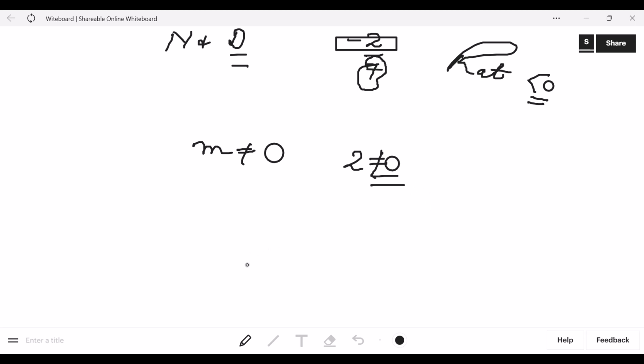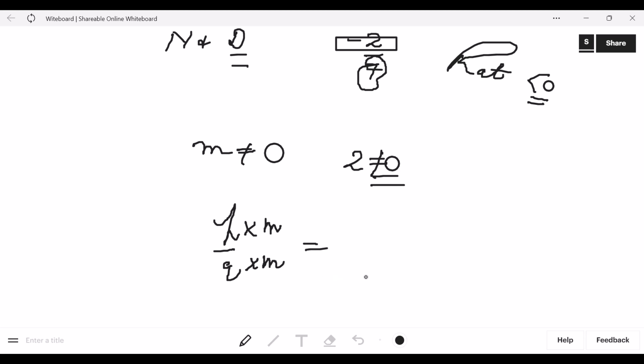then for a given rational number, say p by q, we can multiply it by m on the top and bottom side.